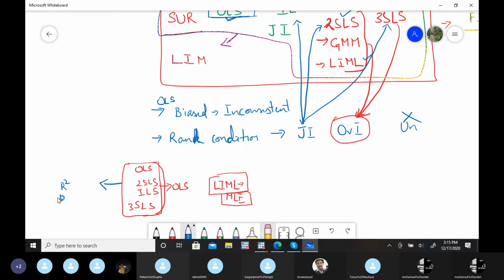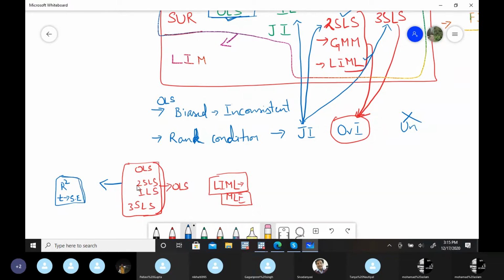The t-test generally we use, right? It's based upon standard error, but we need some correction in the standard errors. Before testing significance of individual coefficients with t, we need some adjustments in the standard errors. These two things we have to keep in mind. I'll take some example for that.